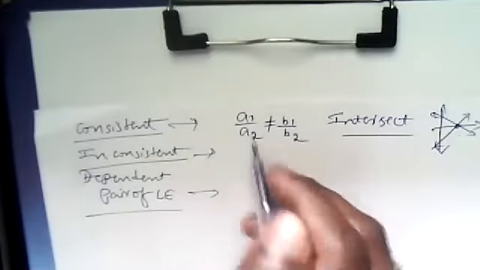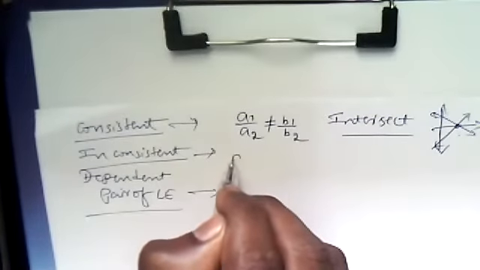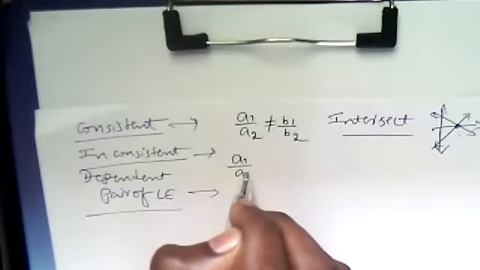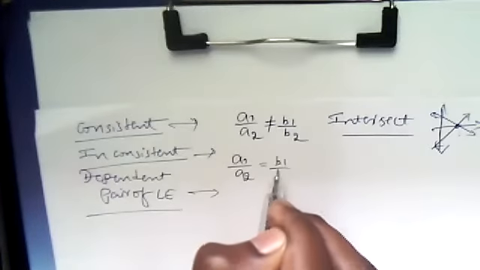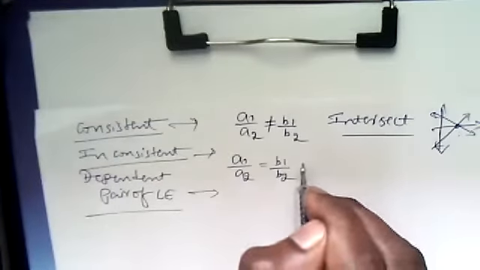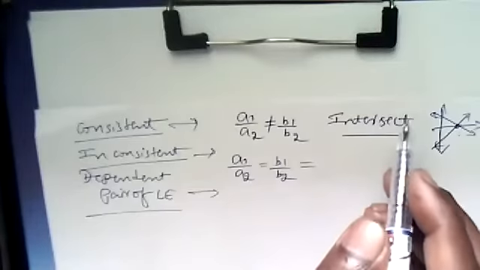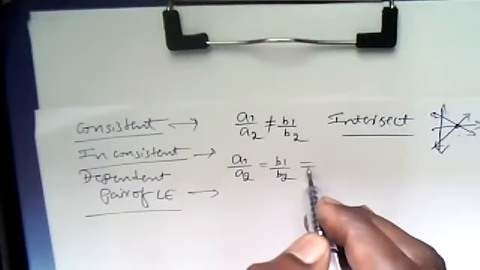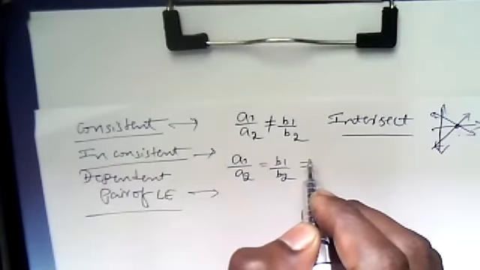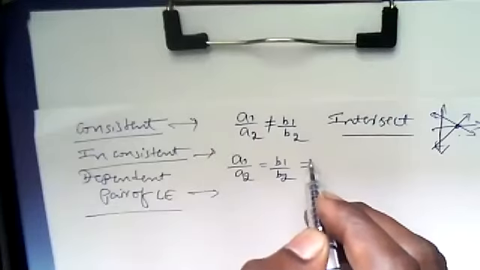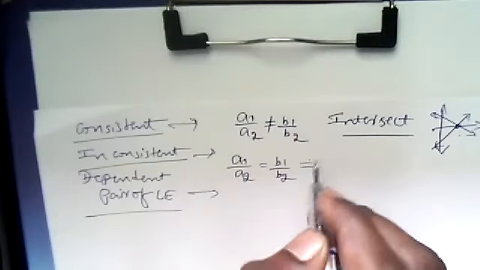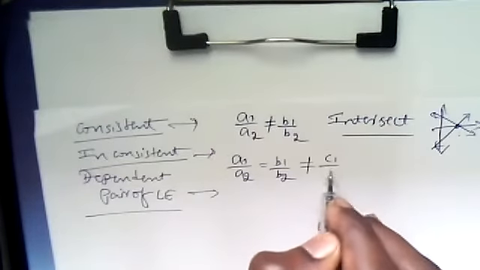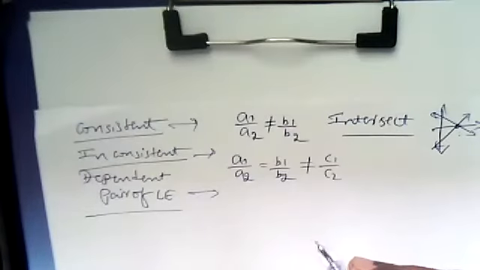Inconsistent means what is the condition? That is A1 by A2 is equal to B1 by B2, which is not equal to C1 by C2.